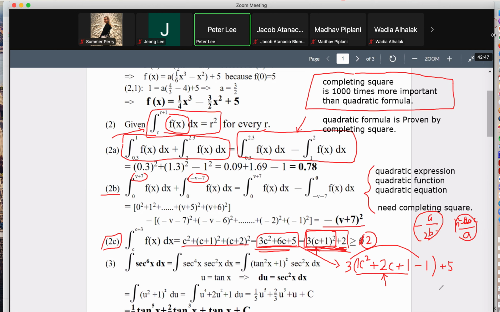It will show up again and again in all the math courses you will be taking. So completing the square, do you think it's over? No. We are in Calc 1, but completing the square does not go away.